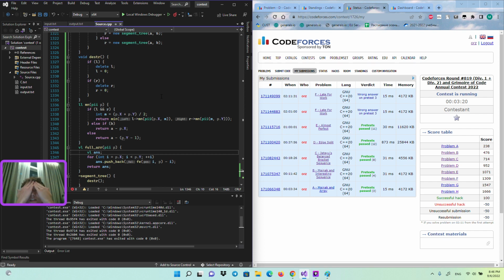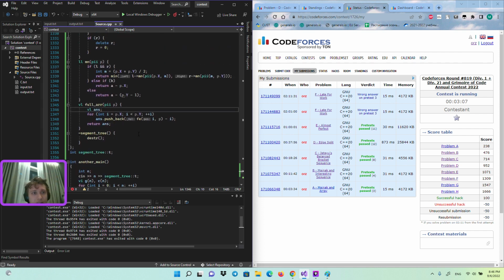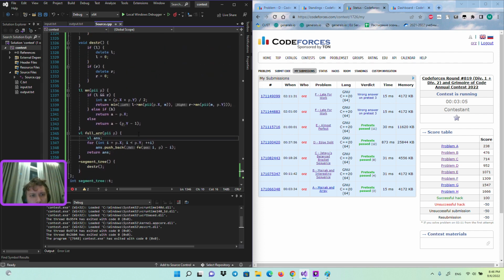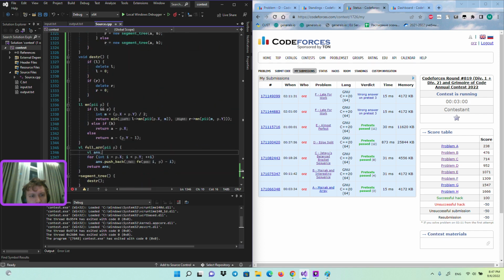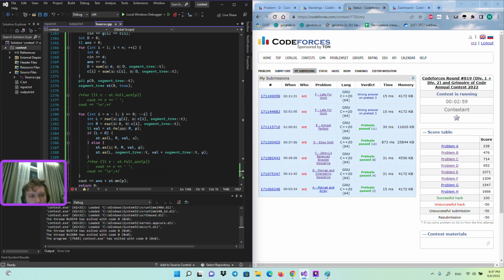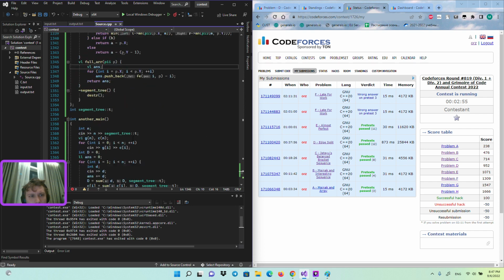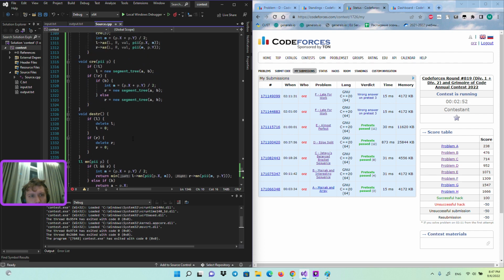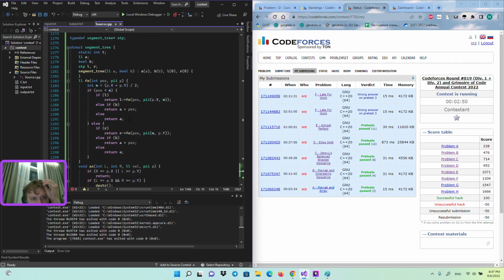Again, I take just the 0th element. If b is true, I just have to check all the places. But it is so hard. Okay, I now find an element. Yes, I try to find the element.